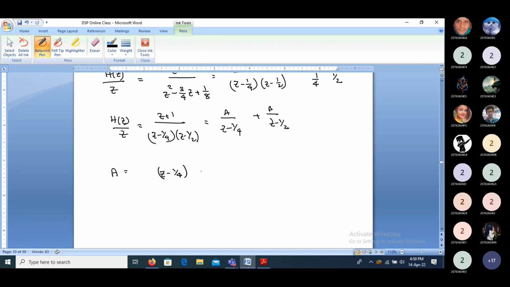A is z minus 1/4 into z plus 1 divided by z minus 1/4 into z minus 1/2 at z equal to 1/4. The z minus 1/4 terms cancel, and the answer is numerator 1/4 plus 1, which is 5/4, and denominator 1/4 minus 1/2, which is minus 1/4. So the A value is minus 5.